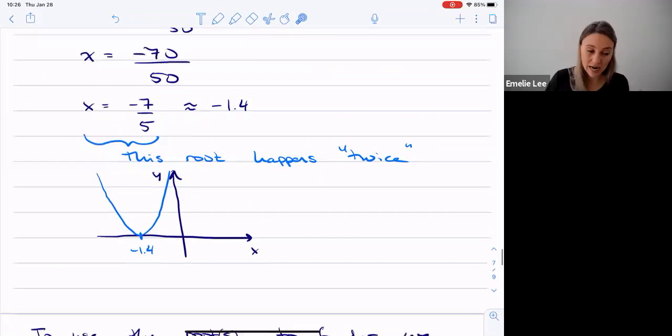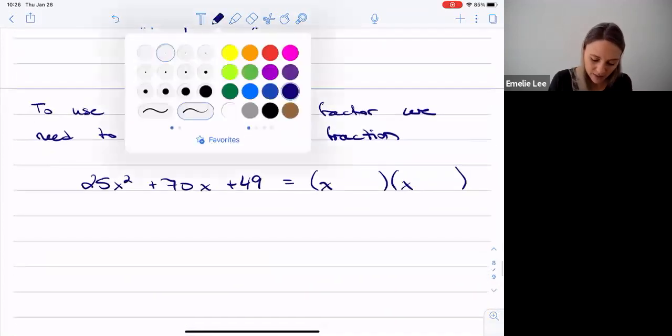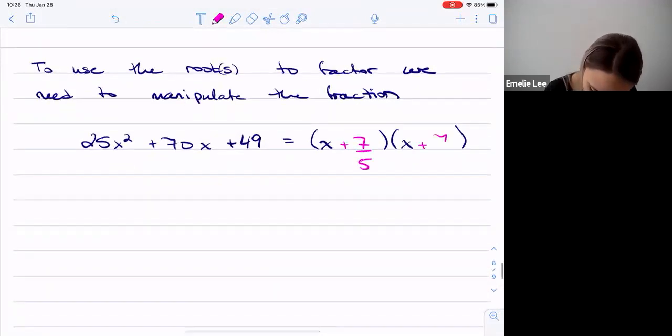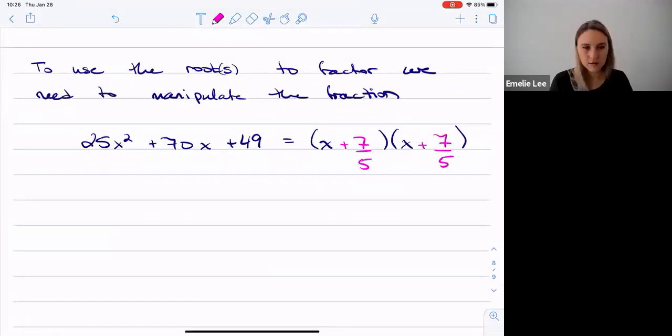So now I have to add 7 over 5, but because I only have the 1, it happens twice. So x equals negative 7 over 5 should still give me 0, right? I can still break this up into x plus minus something times x plus minus something.